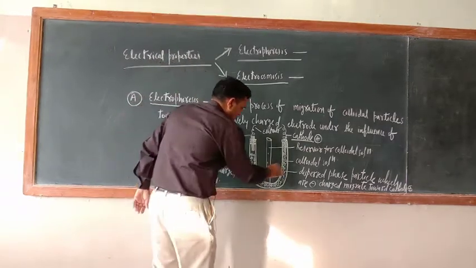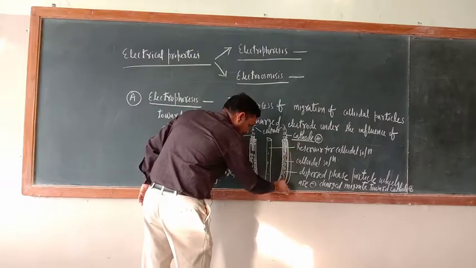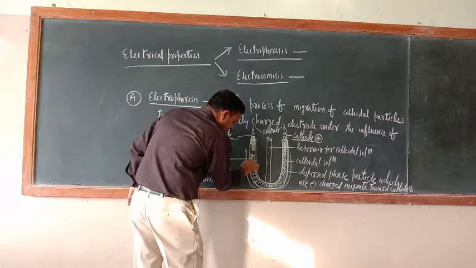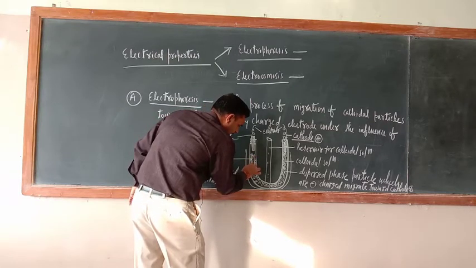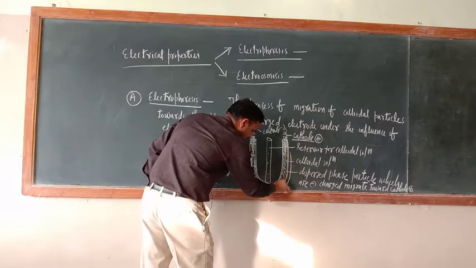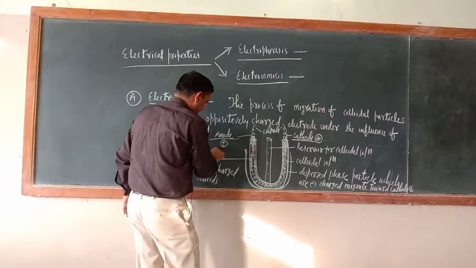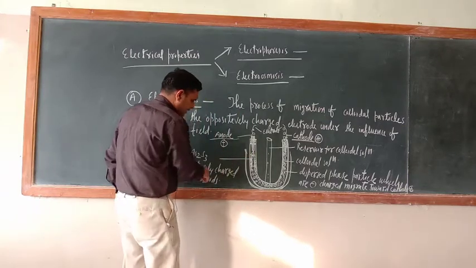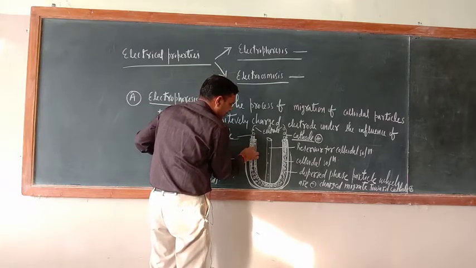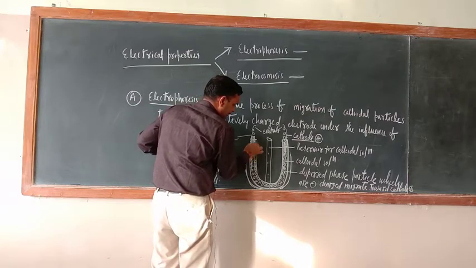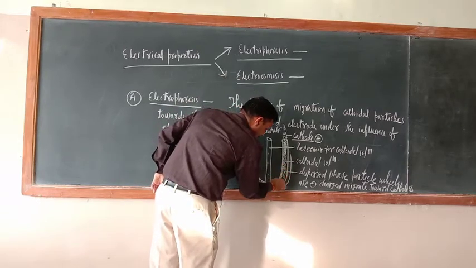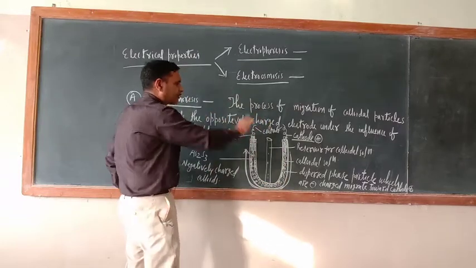So all colloidal particles will move from this side to this side, because this electrode is positively charged and this sol is negatively charged. They will migrate toward this electrode and be collected around it. So make this sign like a positively charged electrode.